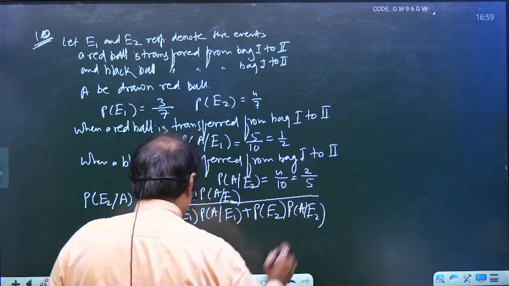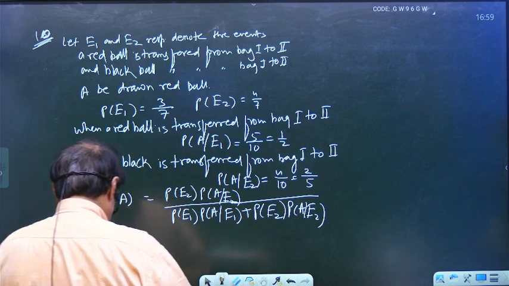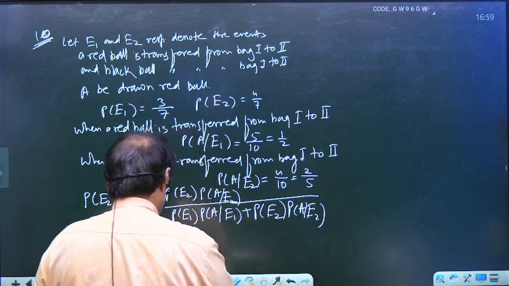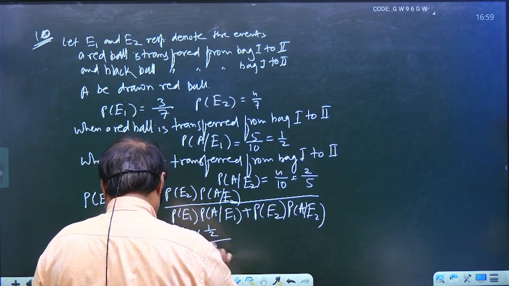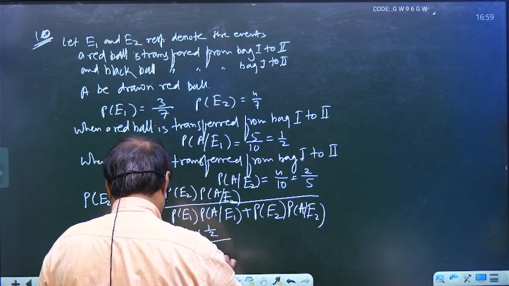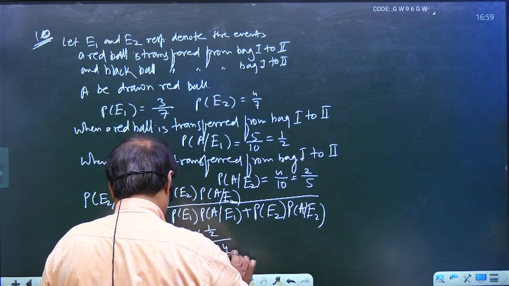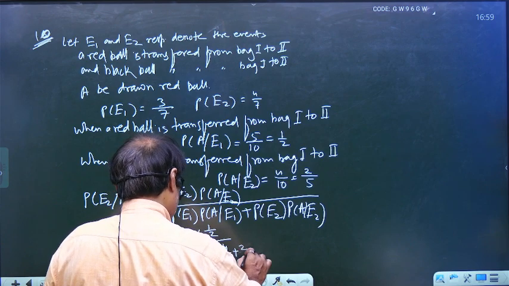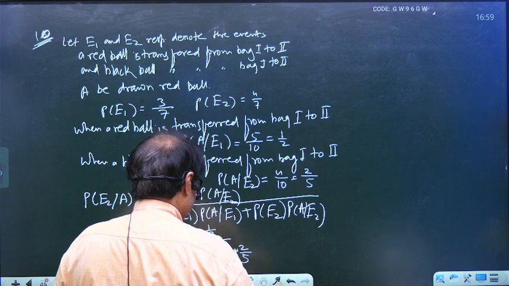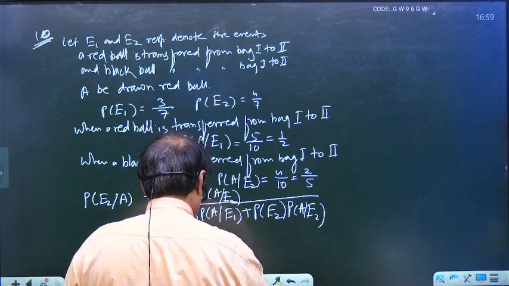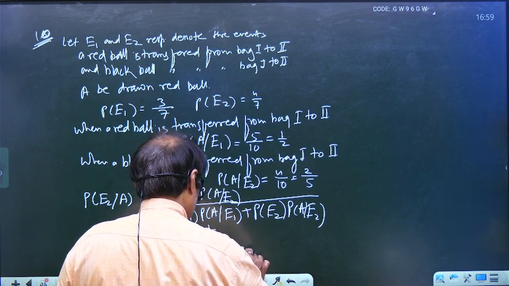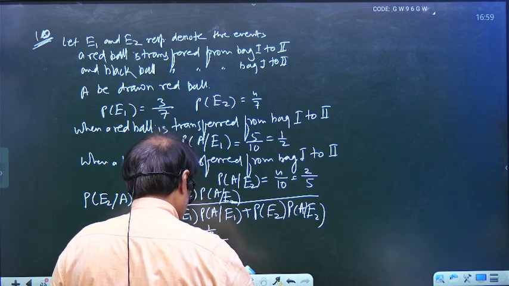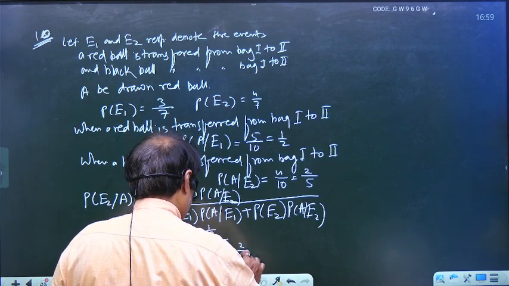Now put all the values: 4 by 7, 1 by 2 divided by 3 by 7, 1 by 2, plus 4 by 7 and 2 by 5.